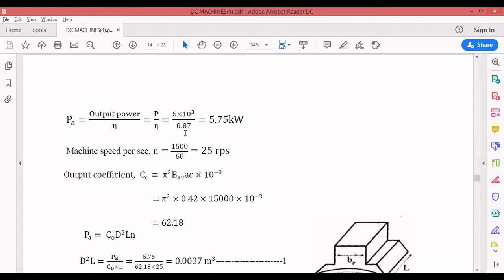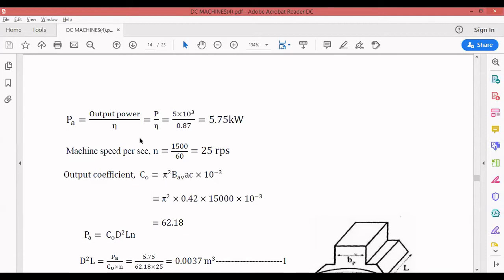Because efficiency is 0.87, definitely the other 0.13 will be regarding the losses. So 5 into 10 power 3 divided by 0.87, what did you get here? 5.75. So the output of your armature is 5.75 kilowatt. It includes the output along with the losses, because efficiency is 0.87.